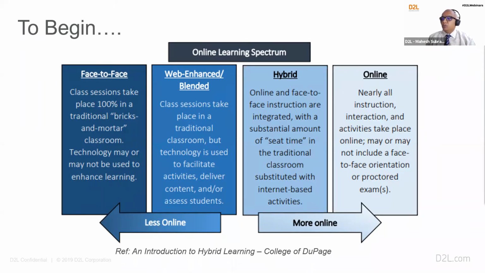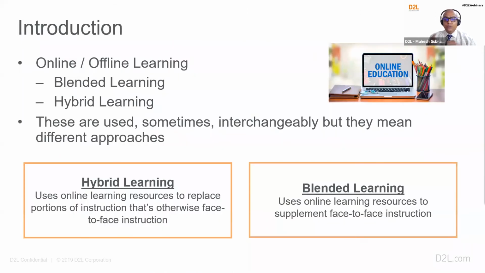Now, let me go to my next slide. I'd like to create some definitions on what I'm talking about today. We do sometimes use the words blended learning and hybrid learning quite interchangeably. There's a fair amount of difference between the two.